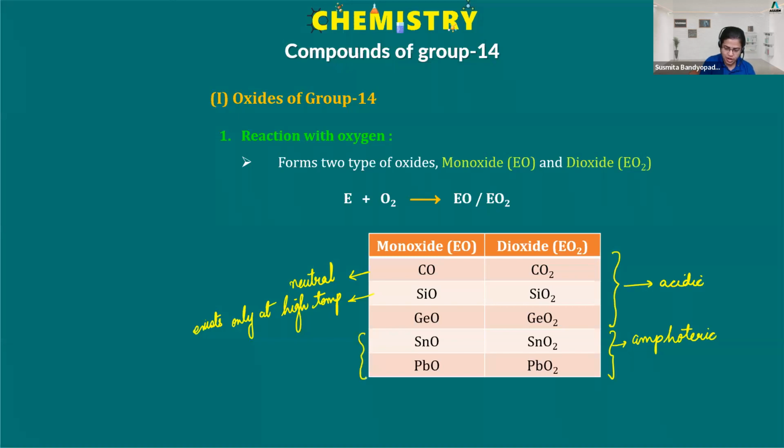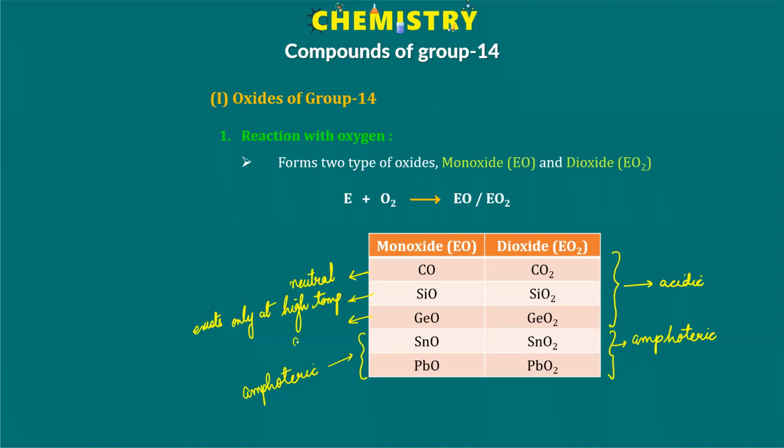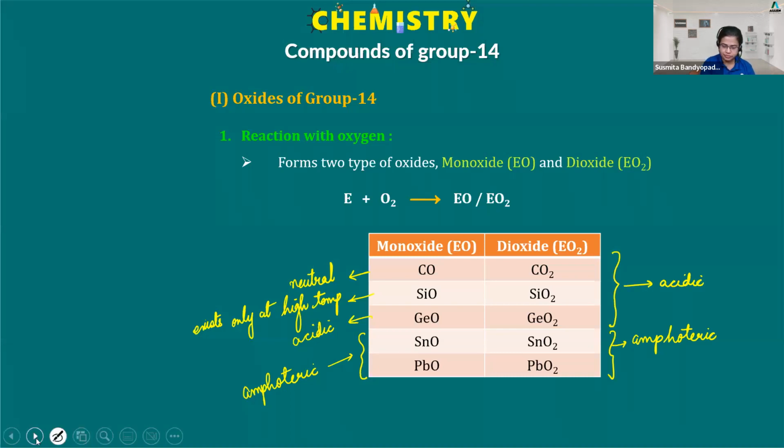By the way, these two are also amphoteric, while GeO is acidic. The first one, CO, is neutral. SiO is also supposed to be a non-metal oxide, should be acidic, no doubt, but it exists only at high temperature.